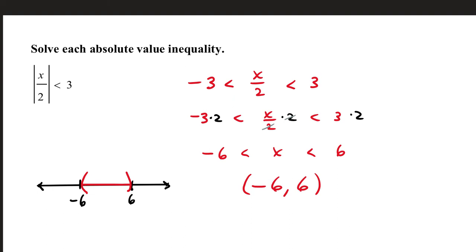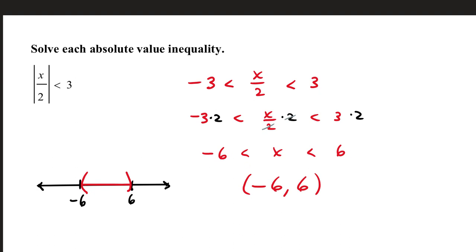Notice that this time the inequalities are not underlined. It's still a compound inequality, so if you multiply all the way through by 2, that leaves us with negative 6 less than x less than positive 6. It's actually easier to just say all my answers are trapped between negative 6 and positive 6.